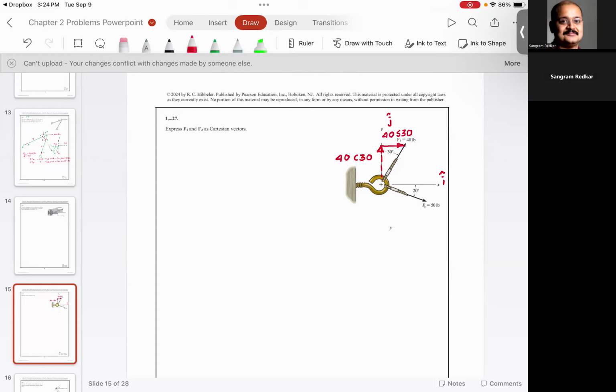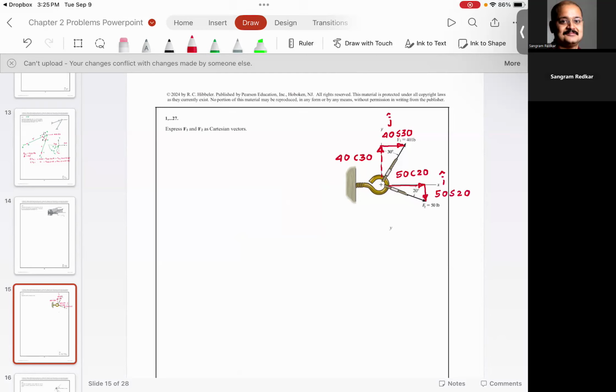Same thing over here: this one is going to be 50 cosine 20, and this one is going to be 50 sine 20.